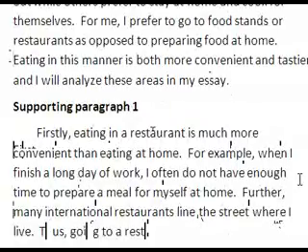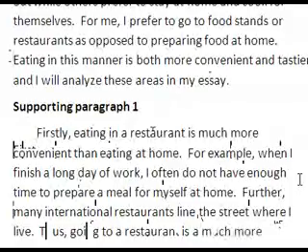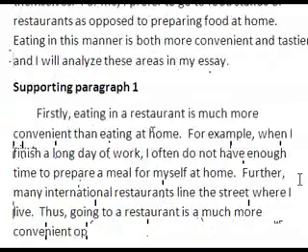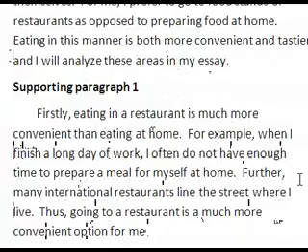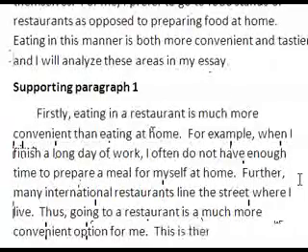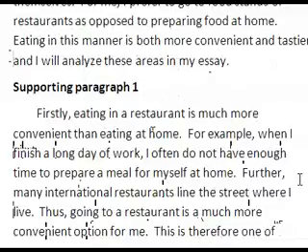Now, the purpose of this next sentence, the third sentence, our discussion sentence, is to link these examples to our topic. So our discussion sentence would say something like, thus, going to a restaurant is a much more convenient option for me.